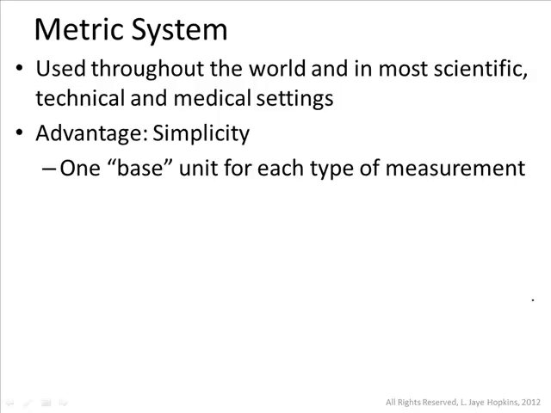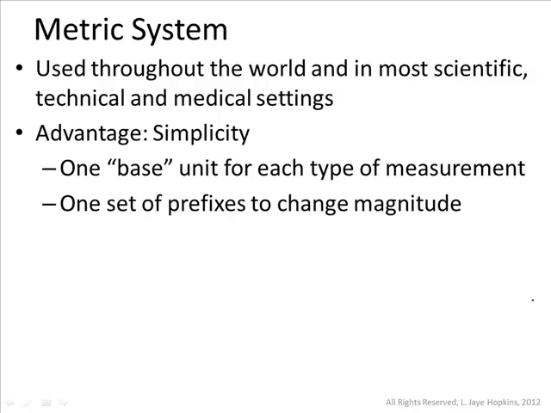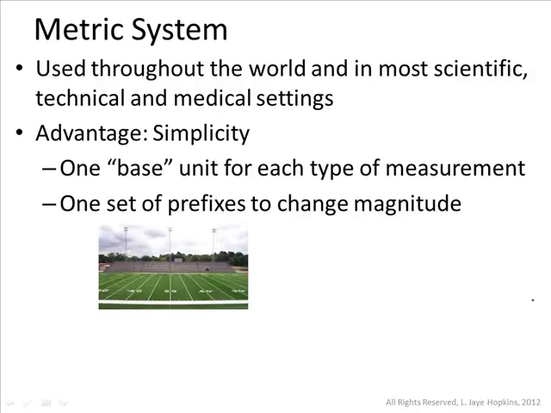There'll just be one simple unit that you can use every time. To help adjust for very large and very small measurements, that one base unit can be adjusted using a prefix to change its magnitude. So the simplicity of the metric system comes from the fact that it uses base units with a simple prefix to change the magnitude.